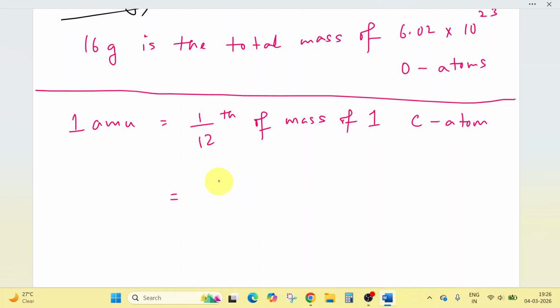So 1/12, and what is the mass of 1 carbon atom? Can you tell me?